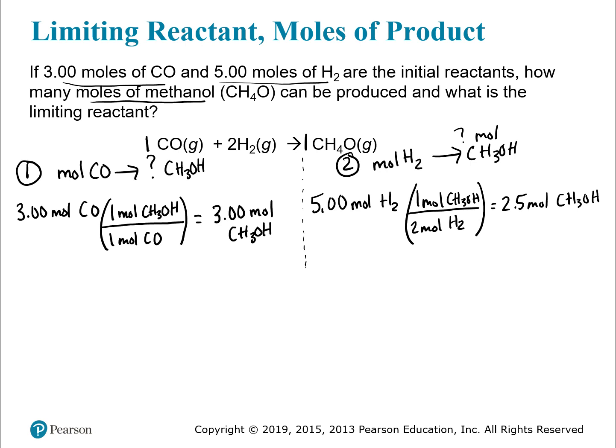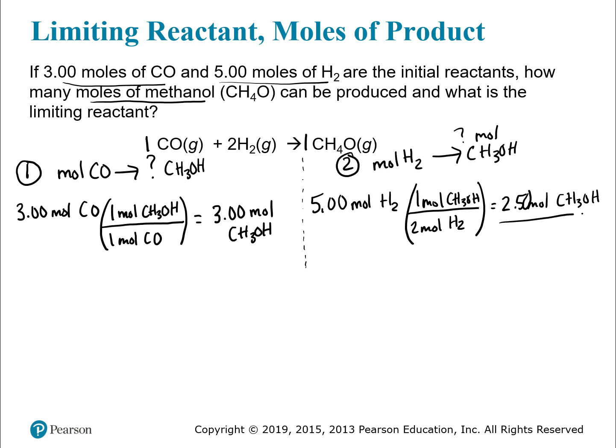Now we've got to go back to the question. How many moles of methanol can be produced, and what is the limiting reactant? If we're mixing 3 moles of carbon monoxide and 5 moles of hydrogen gas, how much methanol are we going to make? Is it the 3 moles or the 2.5? It's the 2.5.